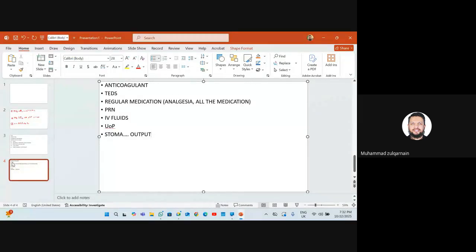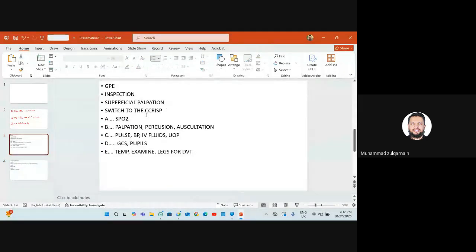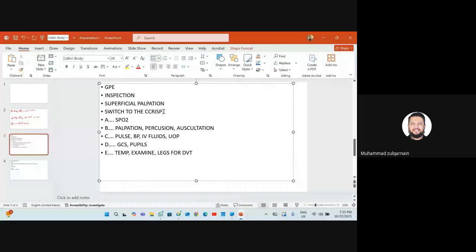In this, I would add one more thing here. I can say SpO2, and you know the line for when you switch to the CCRISP: I want to activate my team and attach high flow oxygen, pulse oximeter, cardiac monitor, two wide bore IV lines, and Foley's catheterization.